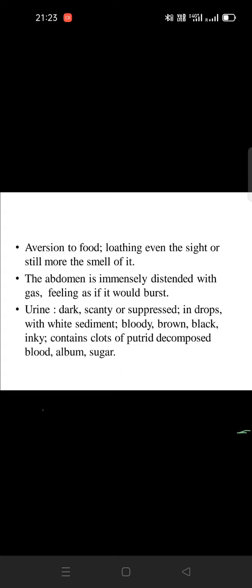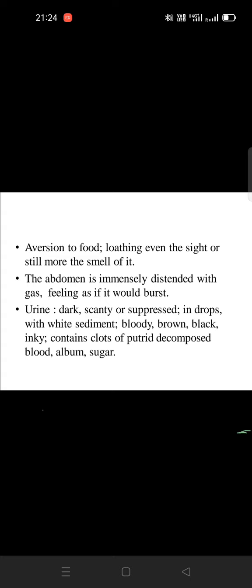Another medicine Lac Caninum is also there, and another medicine Ambra Grisea is there. Another medicine is Staphysagria. One more medicine is Calcarea Carbonica. These are the medicines which also have coldness in abdomen.